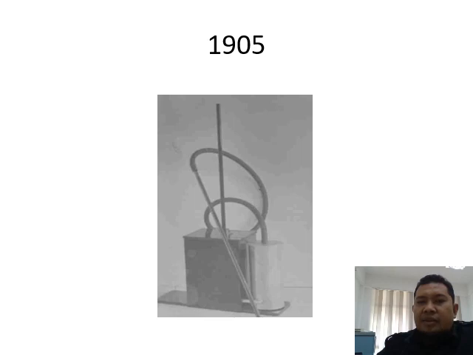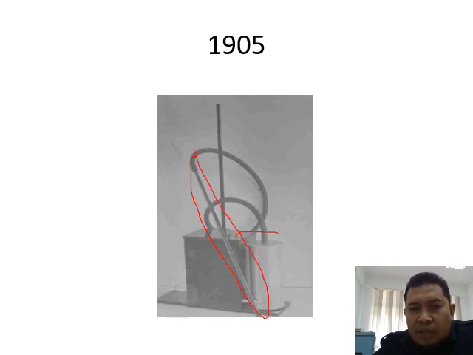Here is the ancestor of the vacuum cleaner. I'm not sure where the part for the pump is. Here is the suction tube, then connected to a trap over here. Here is the trap.